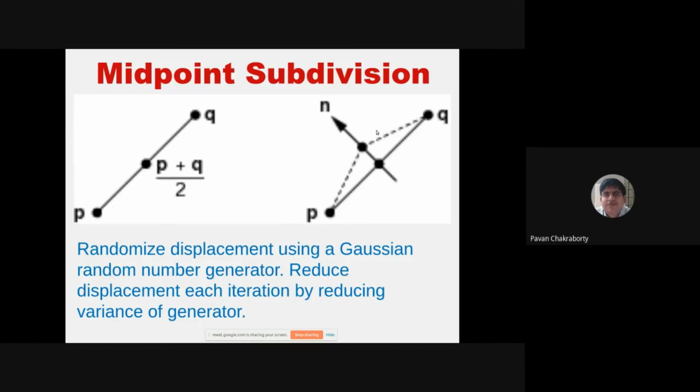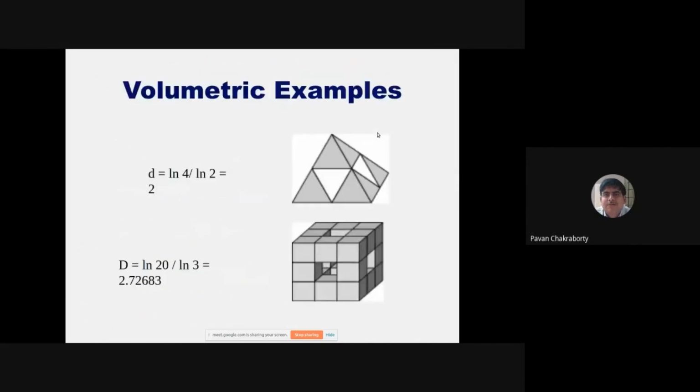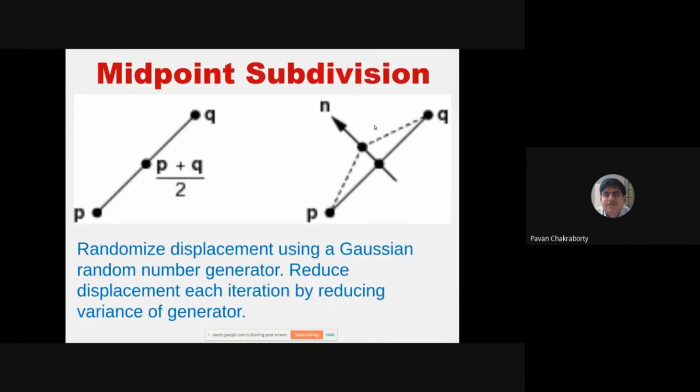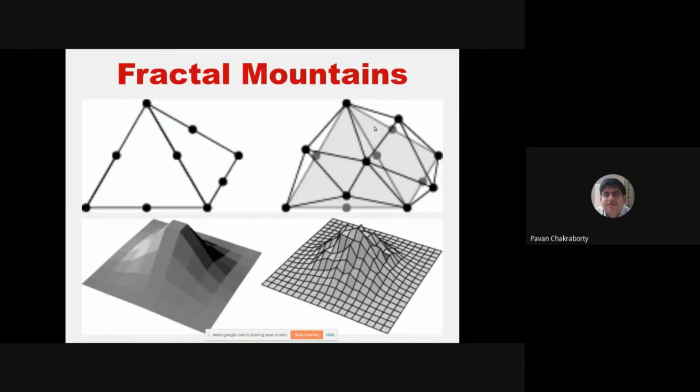The children will be of different sizes. Okay, so here you have got the volume example where you have the dimension which is given in these two conditions that you see here. So here you have the randomization through which we get the terrain.